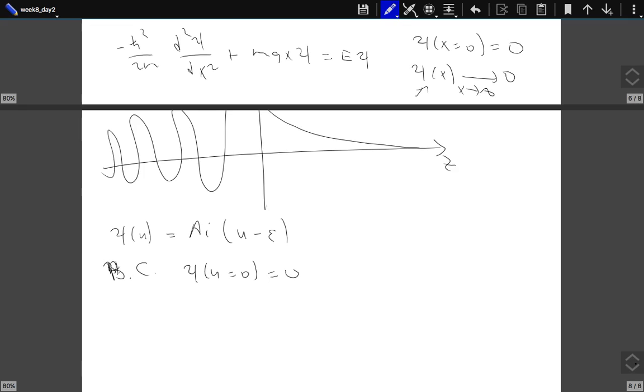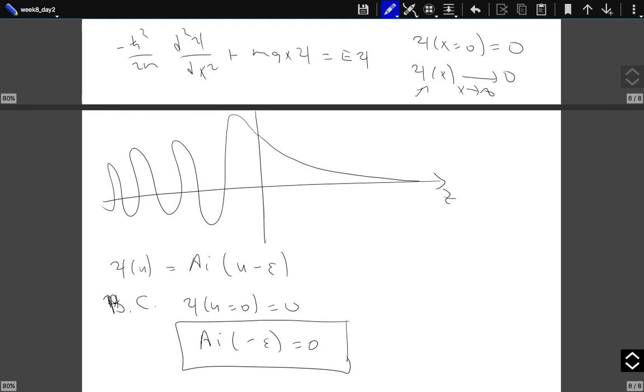Psi of u equal to 0 should be 0. So this tells me that Ai of minus epsilon should be equal to 0. So you see epsilon now can only take discrete values. This is my minus epsilon 0. This is my minus epsilon 1. This is minus epsilon 2, minus epsilon 3, etc.